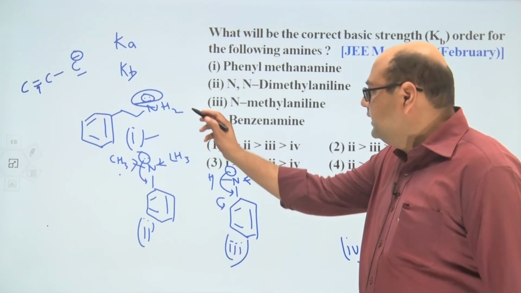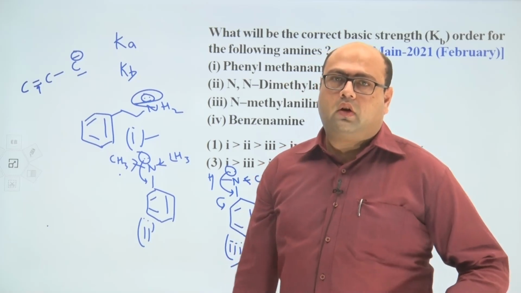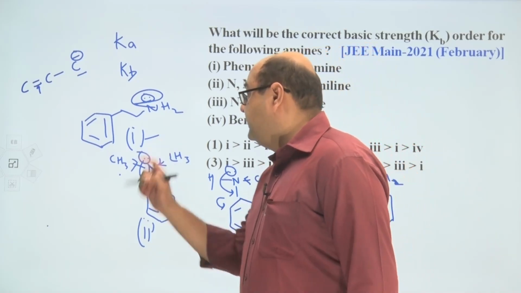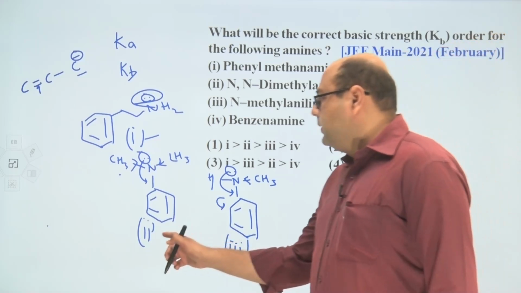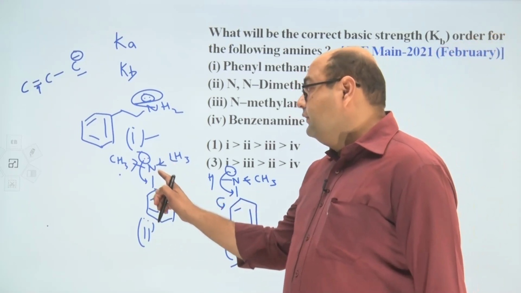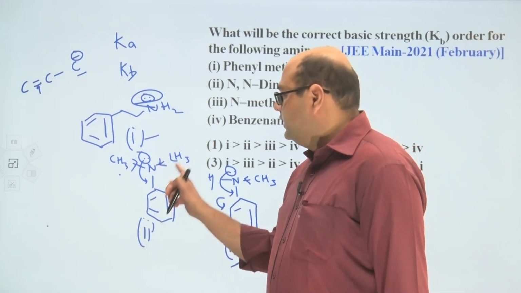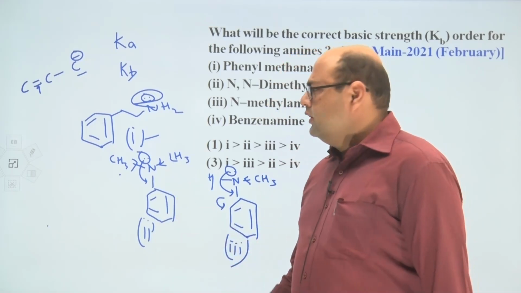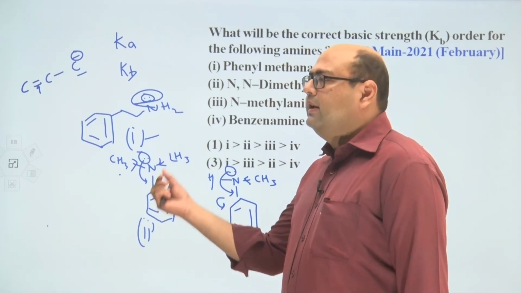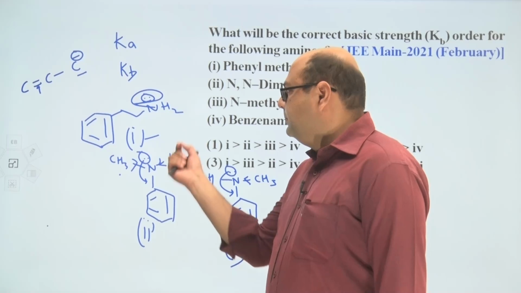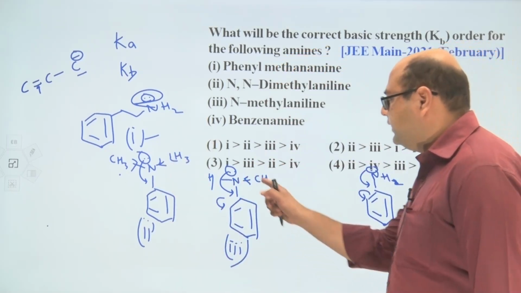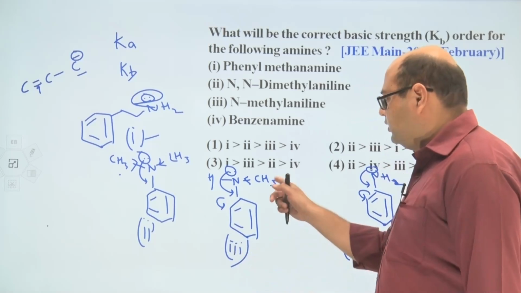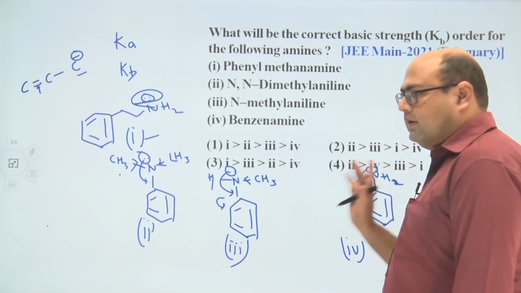Then in the second option, the lone pair is involved in resonance, but there is plus I of the methyl groups, so this lone pair will be slightly more available. In the third option, there is a plus I effect and the lone pair is involved, but it is more basic than the fourth.